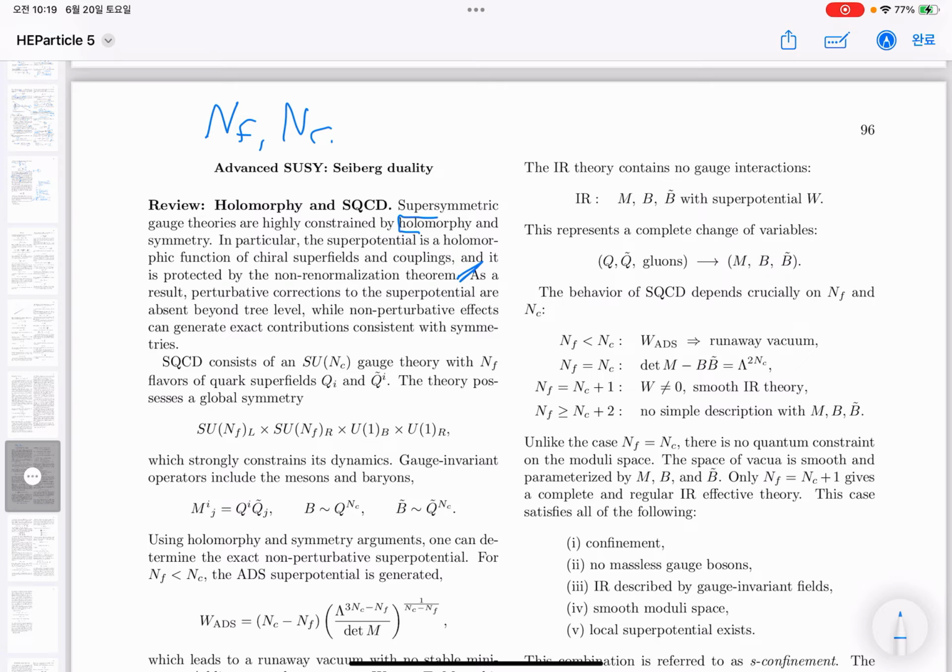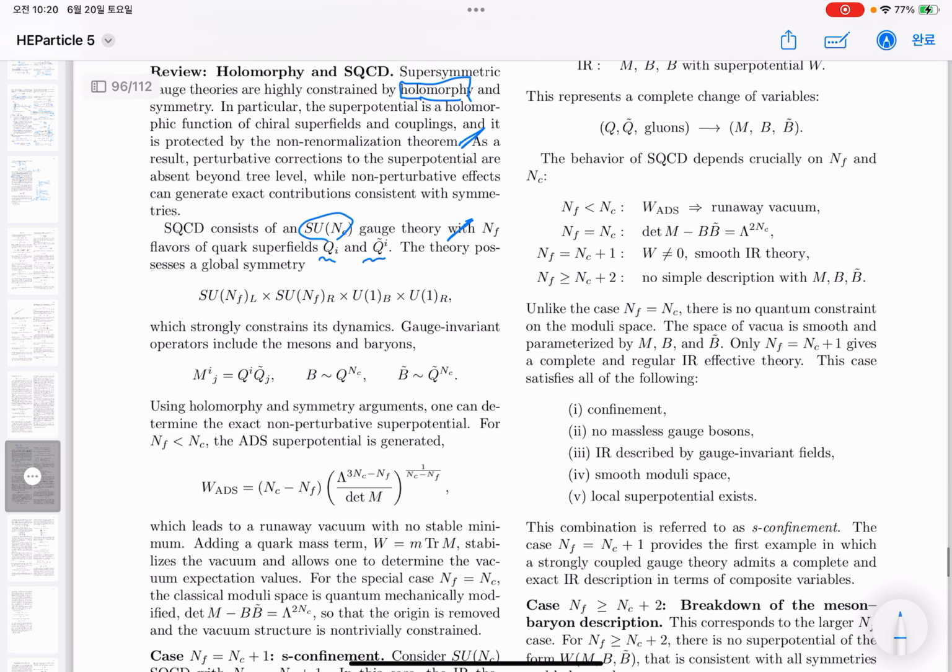The holomorphy means that the superpotential only depends on the chiral superfields, not on their complex conjugates, and the loop corrections can be protected by the non-renormalization theorem. And the SQCD consists of the SU(NC) gauge theory with NF flavors of the quark superfield Q and its conjugate Q tilde.